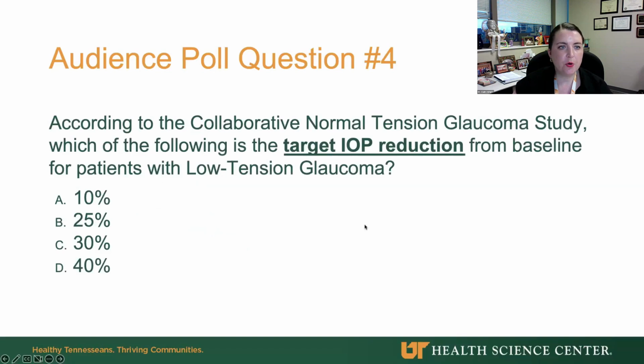Fourth question: according to the collaborative normal tension glaucoma study, which of the following is the target IOP reduction from baseline for patients with low tension glaucoma? A, 10%, B, 25%, C, 30%, or D, 40%?